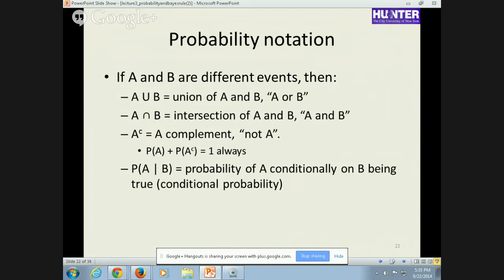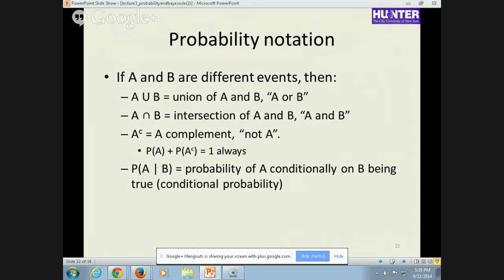So as an example, the Yankees winning and the Mets winning, those would be two independent events, and the probability of either one happening is going to be higher than the probability of just one of them happening. The upside down U, that's intersection, that is the probability of both happening. And the probability of both happening is going to be less than the probability of one of them happening.